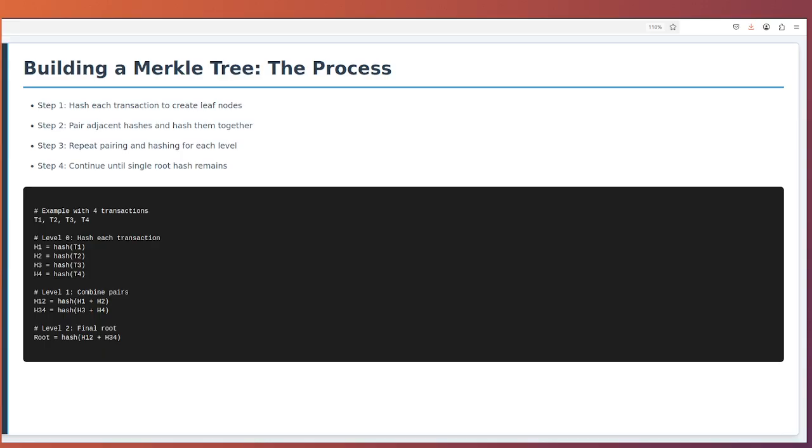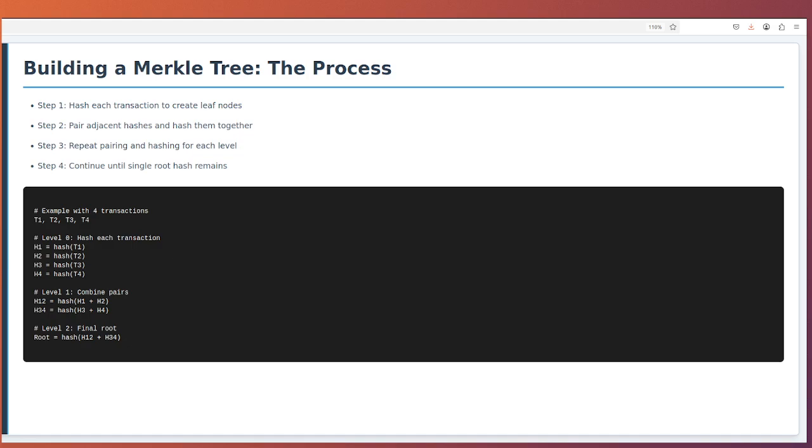Once you have all your leaf hashes, you pair them up. For example, take H1 and H2, combine them together, and hash that combination to create H12. Take H3 and H4, combine and hash them to create H34. You continue this pairing and hashing process for every pair at that level.